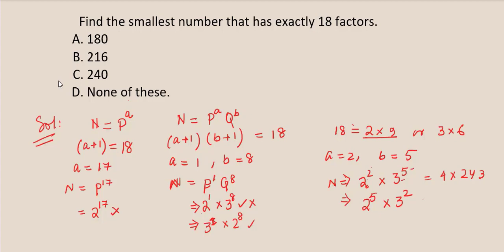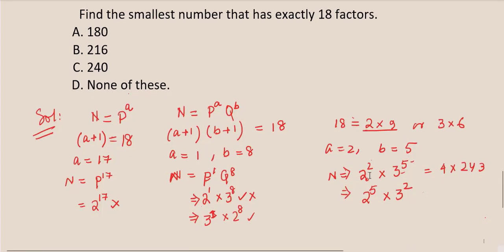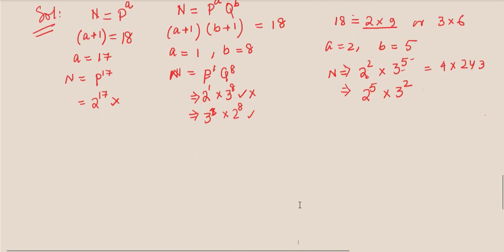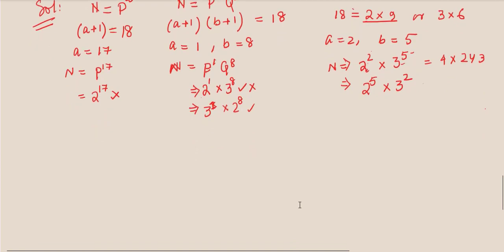Okay, now let's come to this: if we want to represent the number as a multiple of 3 prime numbers, in that case n would be p to the power a, q to the power b, and r to the power c.